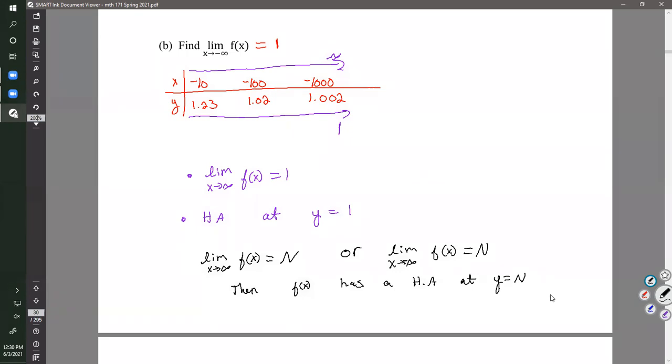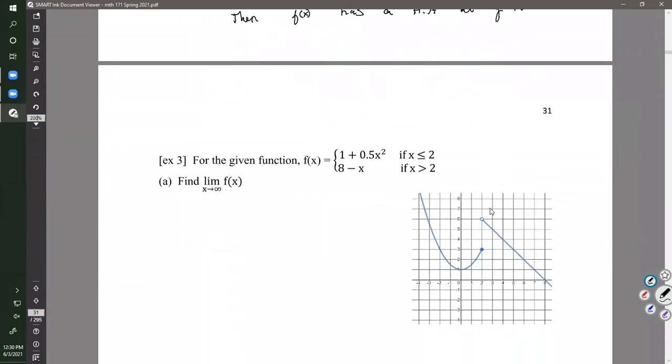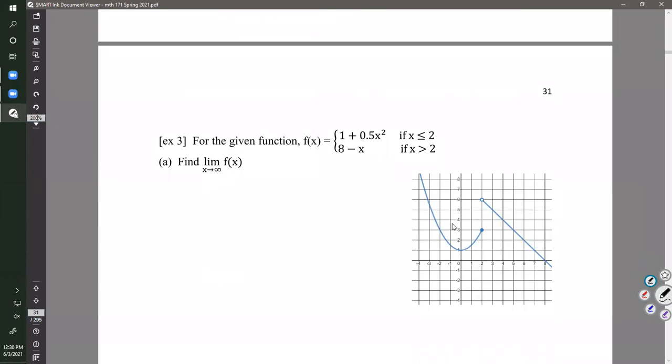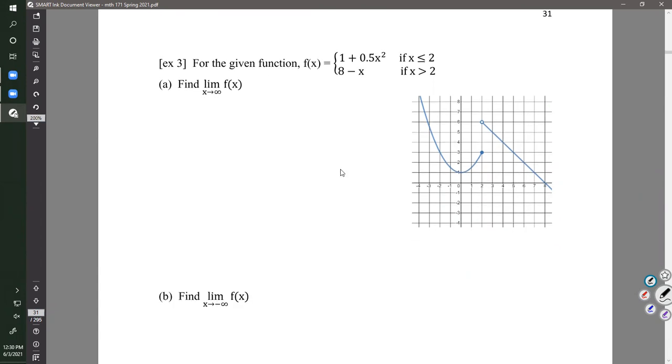So our next example, example 3, we'll see that sometimes they don't always equal a number and they don't always have that horizontal asymptote. So example A says find the limit as x approaches infinity of f of x. And so we're going to do this algebraically.